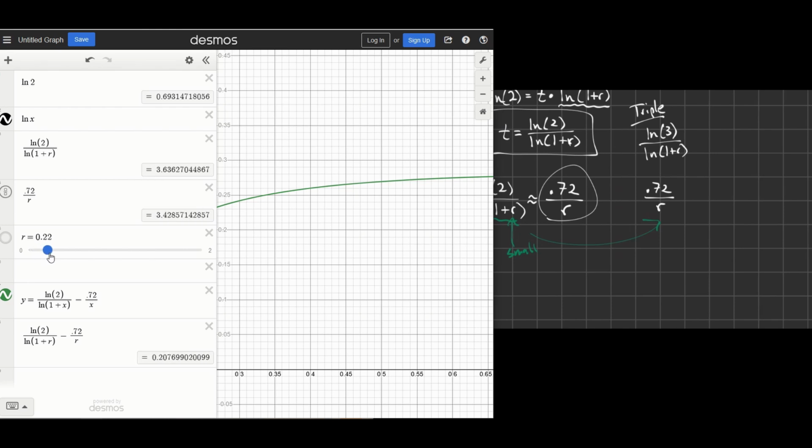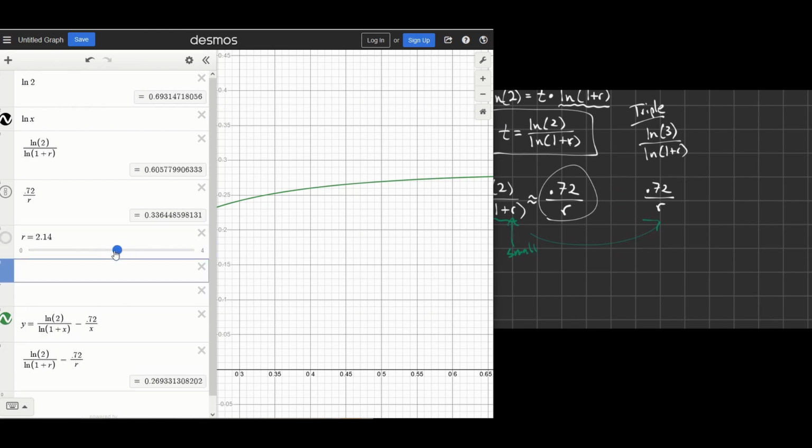Then as we start going up, the difference starts to go up. And then there's a certain point where it actually starts to come back down, which I thought was pretty interesting. And if I expand this to really high returns, like a 300% return, for example, you'll see that the difference between the approximation and the exact value actually starts to come down.